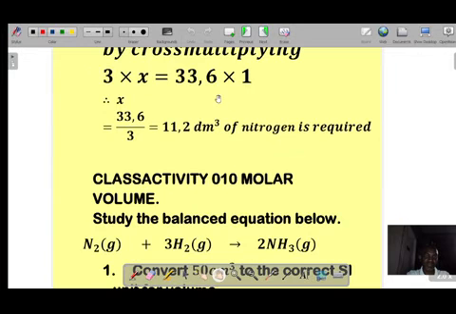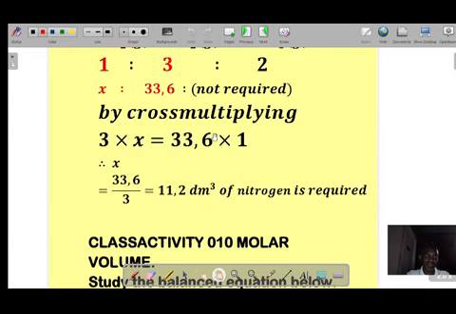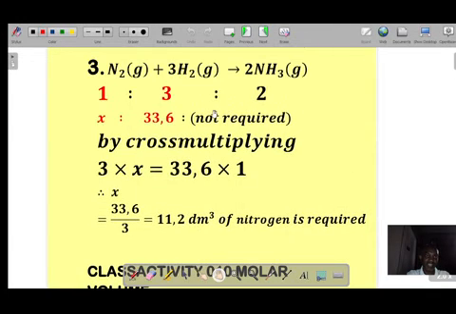Now this time I'm dealing with nitrogen and hydrogen. The ammonia part is not required here, so this time the ratio is 1 to 3. By the way, before we use our cross multiplying method, we must balance the equation.